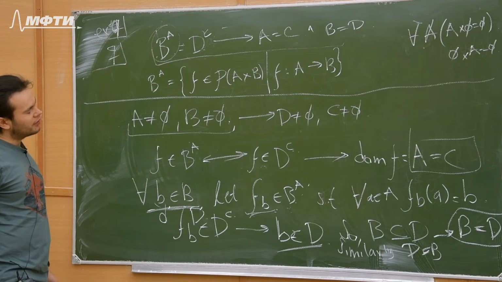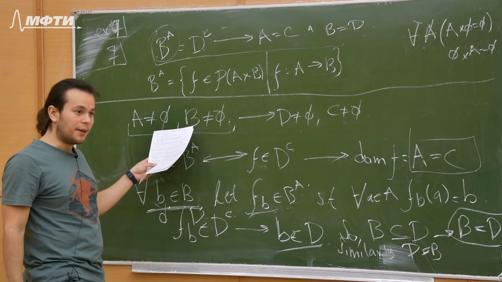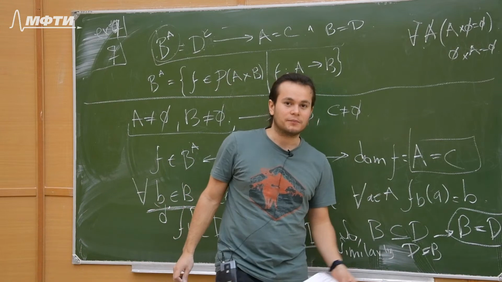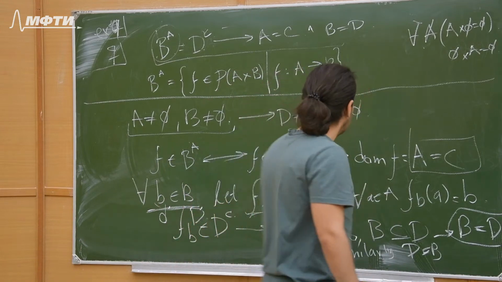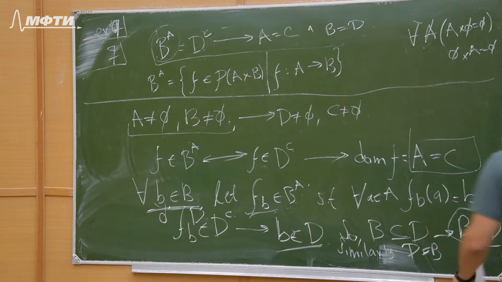So we proved that if A and B are non-empty, then A is equal to C and B is equal to D. Okay. But what if some of these two sets is empty?